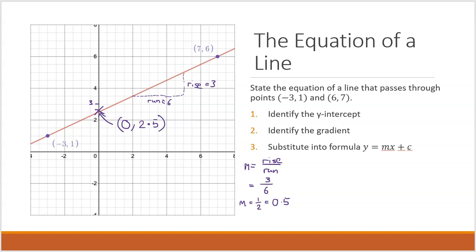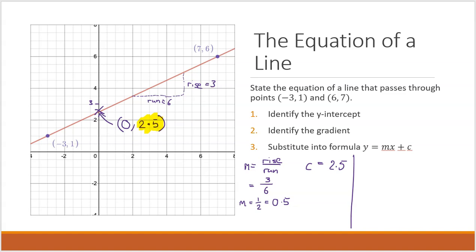We can write or substitute this m and this c into the formula y equals mx plus c. Now what I didn't mention was our y-intercept here. Recall that the c value is the y coordinate in the ordered pair of the y-intercept. So c is going to be 2.5, so I should have written that earlier.